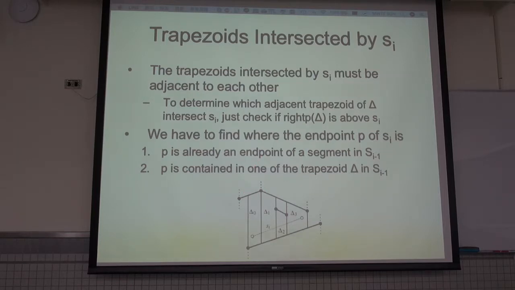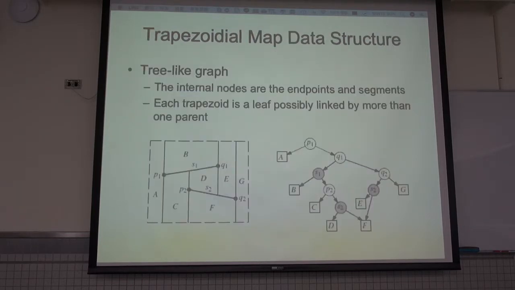And in the trapezoidal map, it's relatively easy to find the adjacent trapezoid. For example, if you want to find D and F from C, you go back to P2, and then you know the adjacent trapezoid will be on the right-hand side of P2, which will be the right subtree from here.